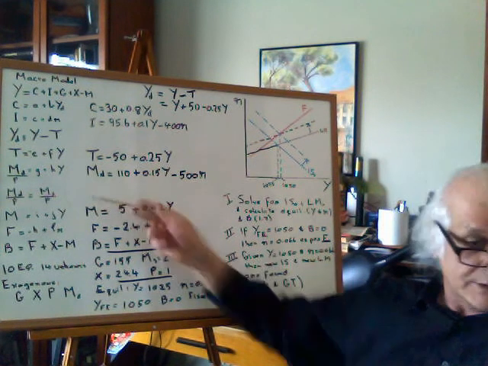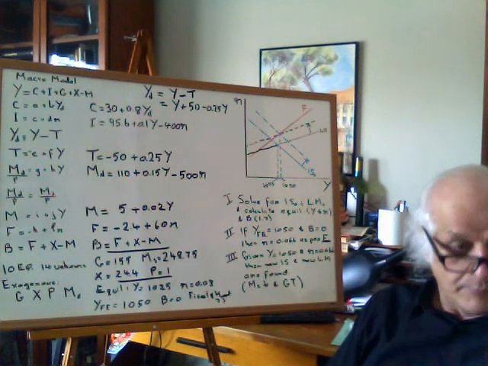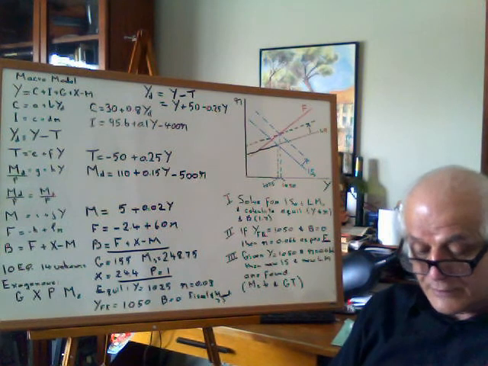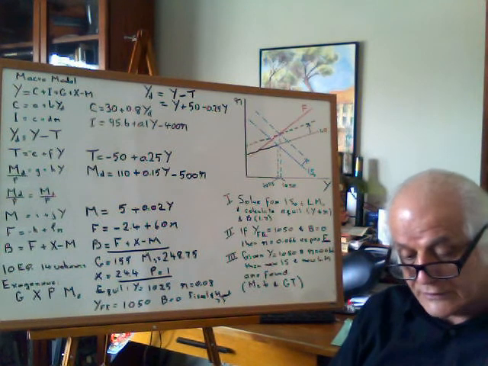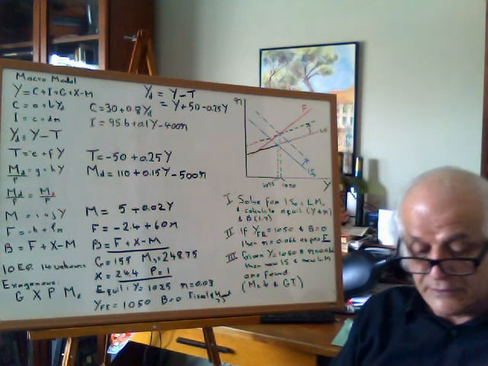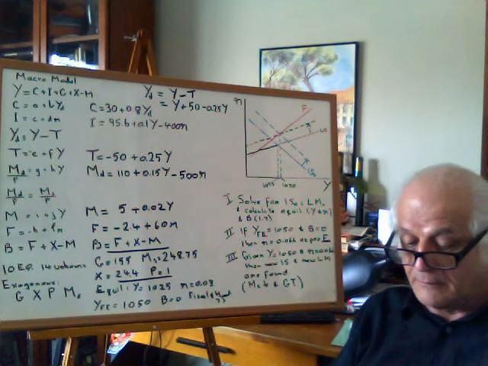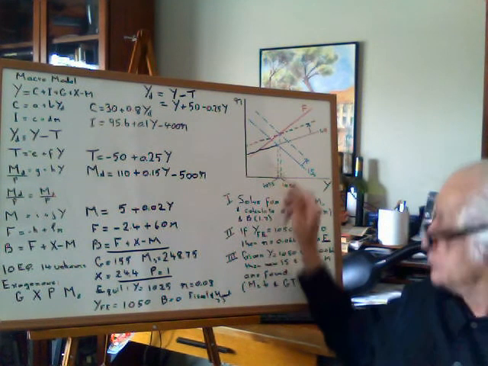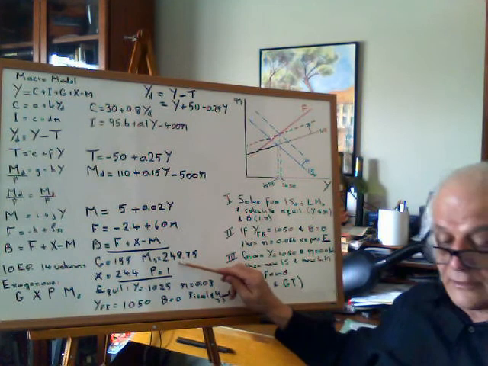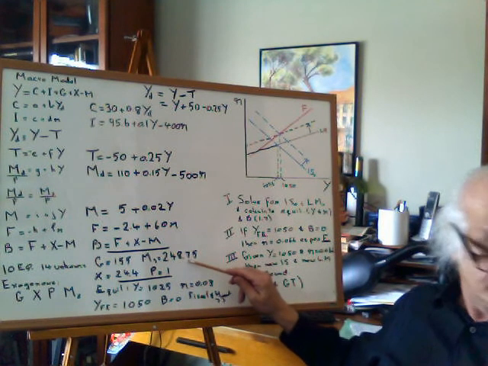My money demand is going to have to be equal to my money supply. Since I've already done it for you, if you want to go ahead and double check, I'm saying that my money supply will have to drop to 234.2.